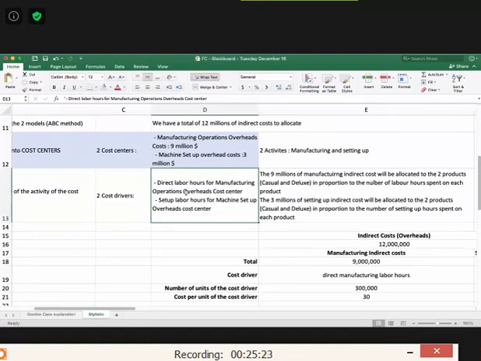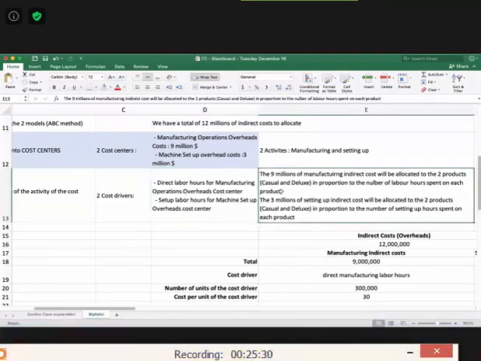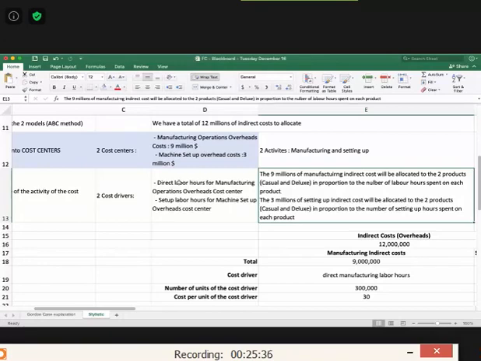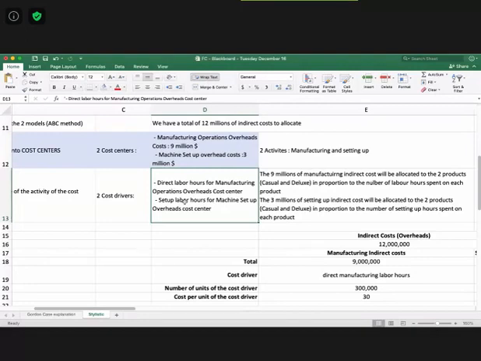The manufacturing operations will be measured with the direct labor hours. So the 9 million of manufacturing indirect costs will be allocated to the two products in proportion to the number of labor hours spent on each product. For the setup hours, we got the 3 million, and to allocate that between deluxe and casual, we will do that in proportion to the number of setup hours we spend respectively on casual and on deluxe products.